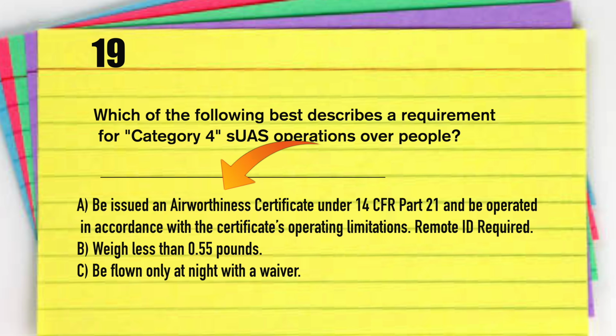The airworthiness certificate takes the place of the MOC and the DOC. And despite the fact that Category 4 is under Part 107.140, the airworthiness certificate is issued under 14 CFR Part 21. So the correct answer here is A.